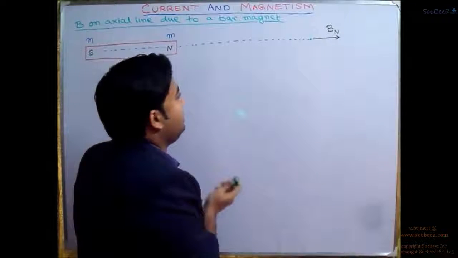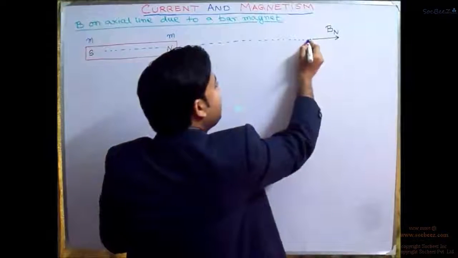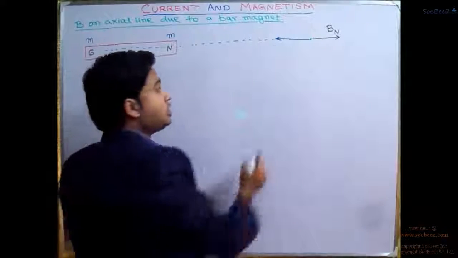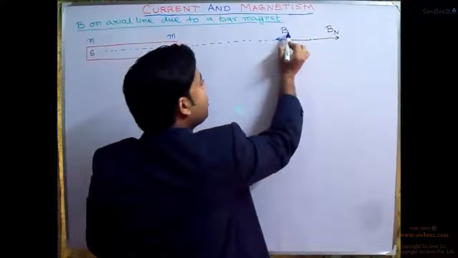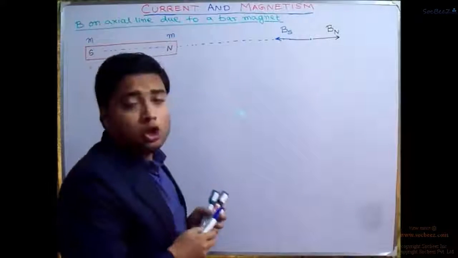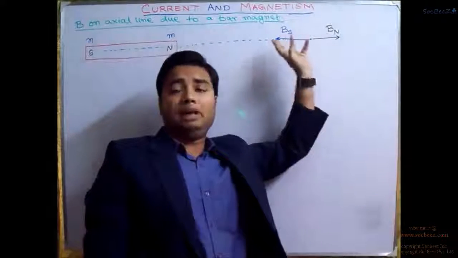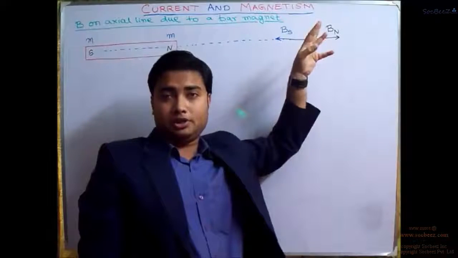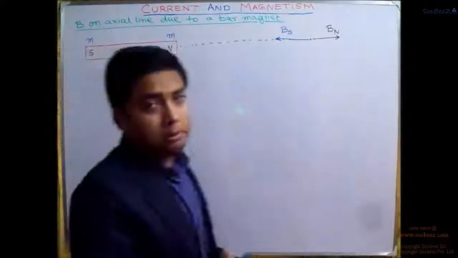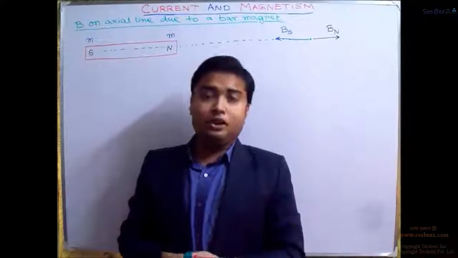So we may say that the magnetic flux density will be in this direction for the South Pole. So over here we find that Bn and Bs are opposite in direction, right?